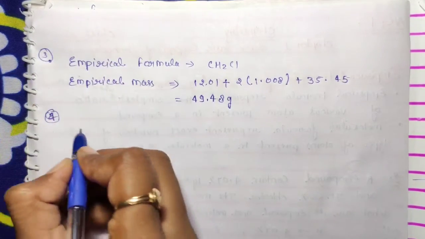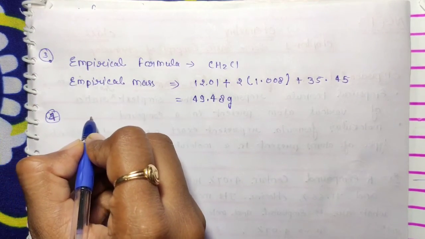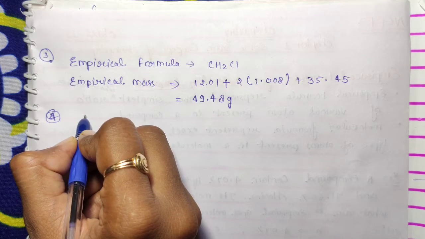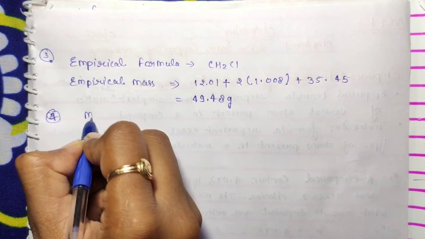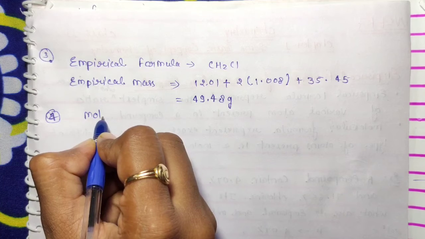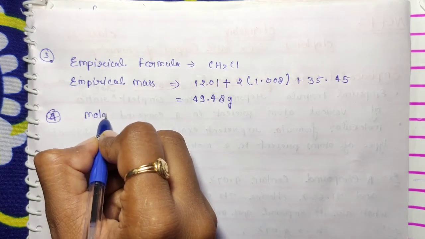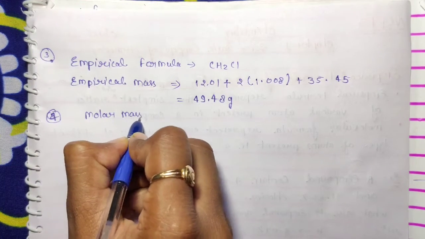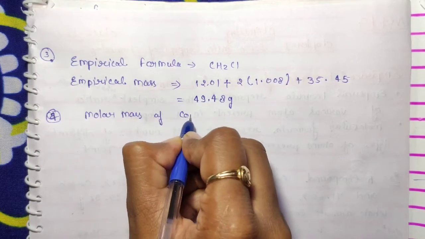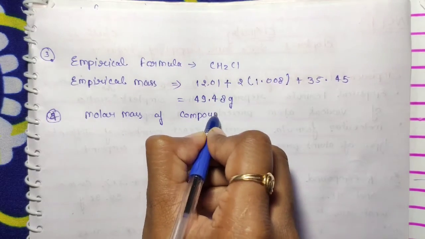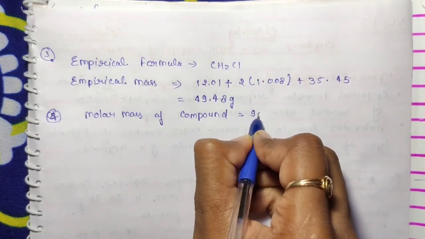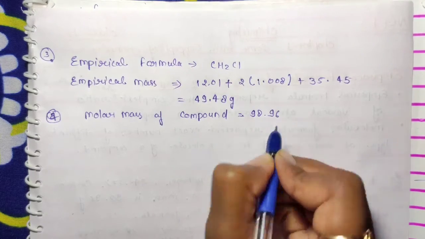In the next step, it's the third step. What is the molar mass of compound given in the question? Molar mass of compound is 98.96.